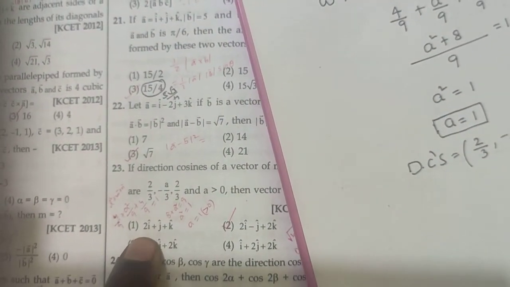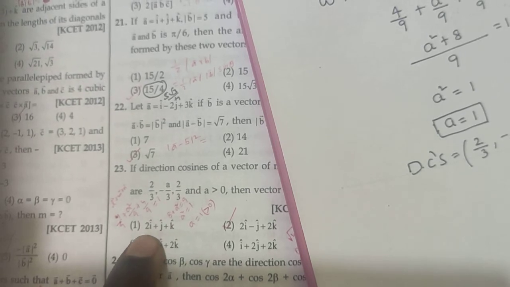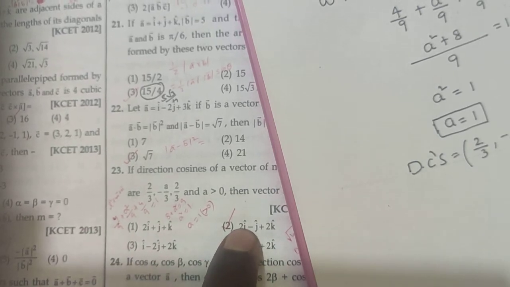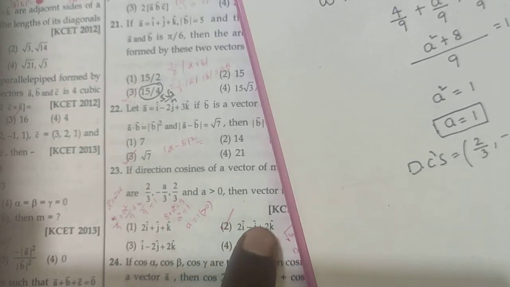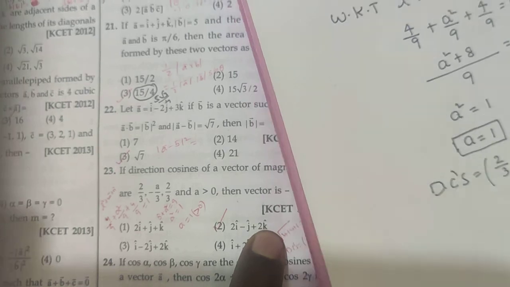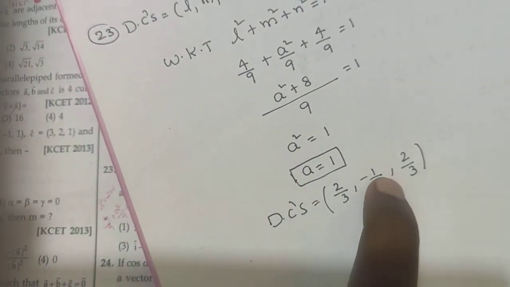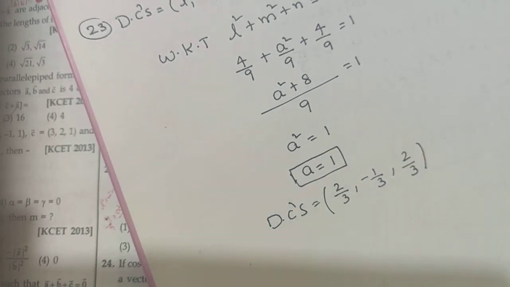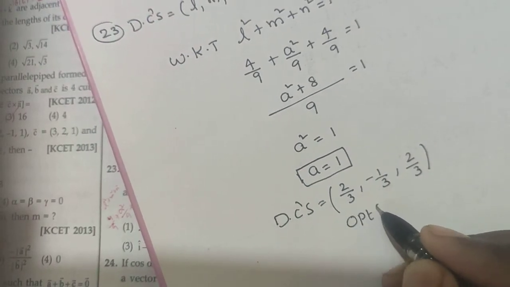See, in first vector 3 are positive, 2i plus j plus k. So this is not correct. You will check the second one, 2i minus j plus 2k. That is nothing but what we got? 2 by 3, minus 1 by 3, 2 by 3. These DCs are matched with option 2. Therefore, option 2 is the correct answer.